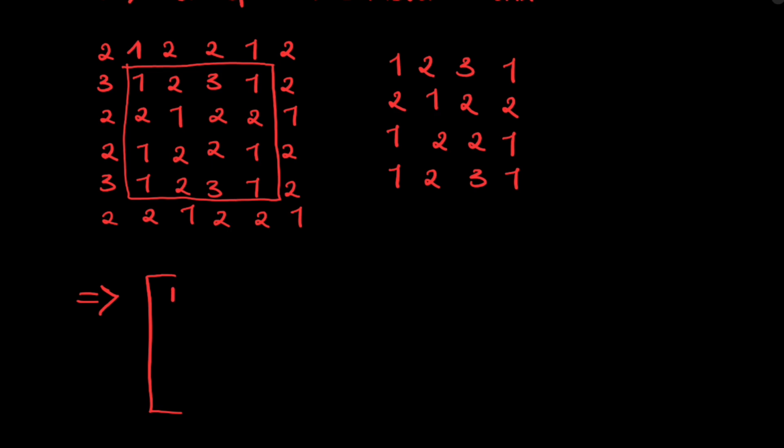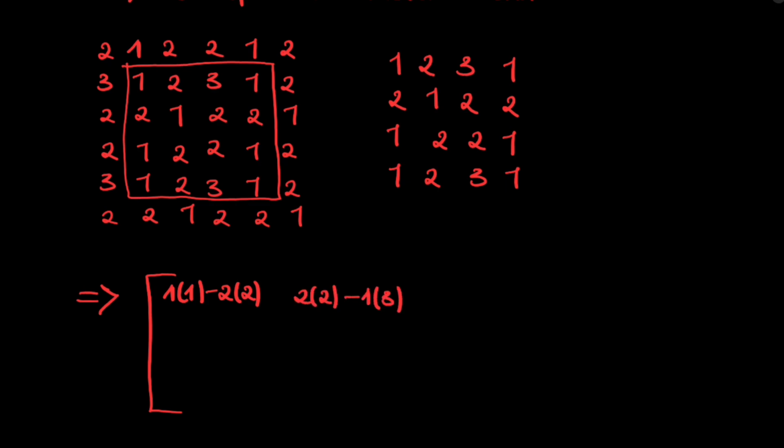We write it down. We take the next 2 by 2 matrix. The determinant there is 2 times 2 minus 1 times 3. We write it down. We take the third. The determinant here is 2 times 3 minus 2 times 1. We write it down.